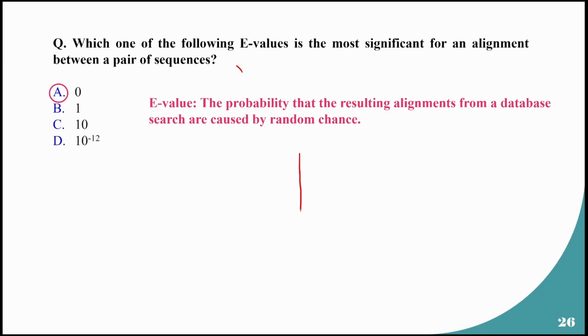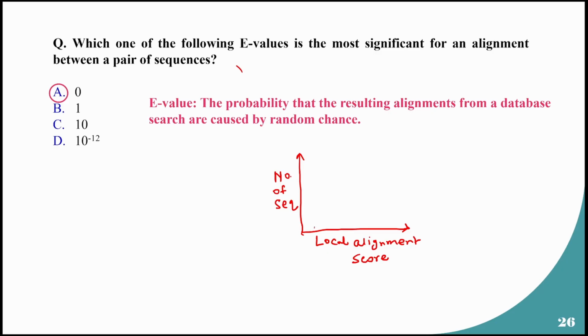So let's say if you have a simple plot here on the x and y axis, right? Let's say this is the local alignment score, and then on the y axis you have the number of sequences.